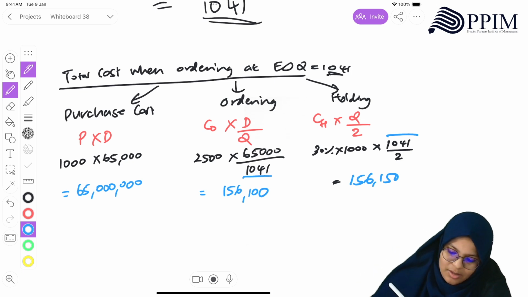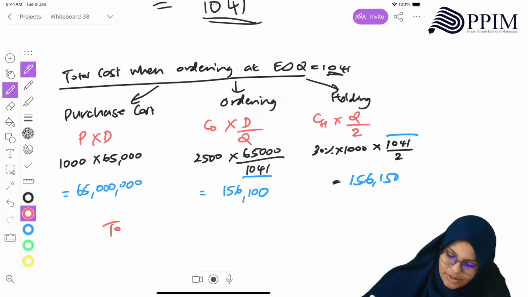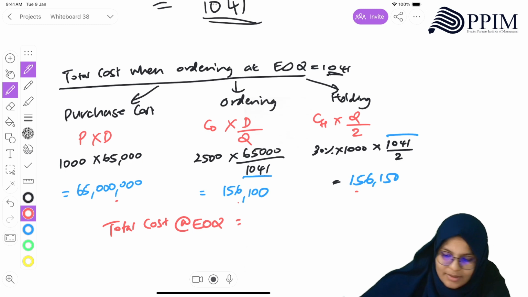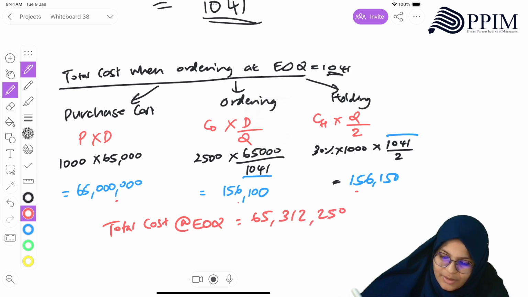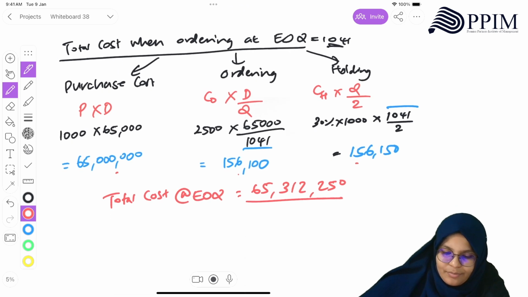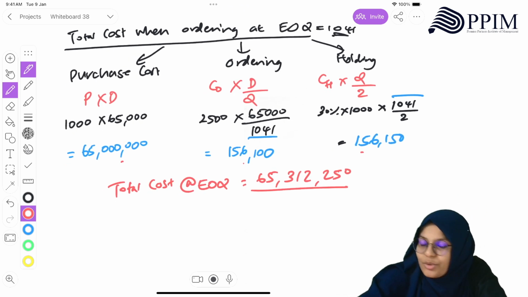Right, so let's get the total cost. So add up these three. Okay, so that should give me 65,312,250. So that's the total cost when we order at the EOQ, right?